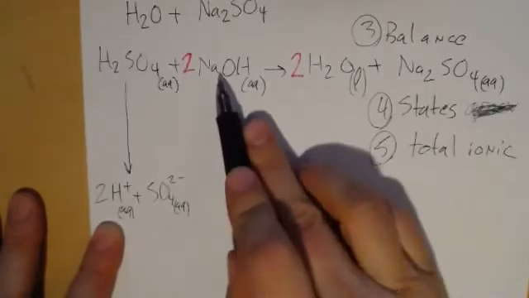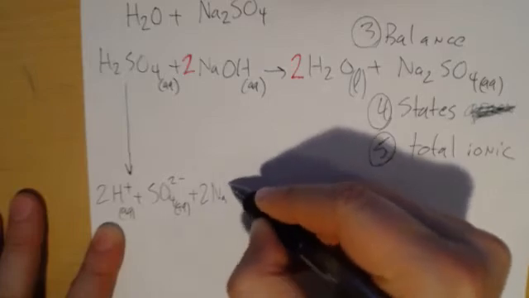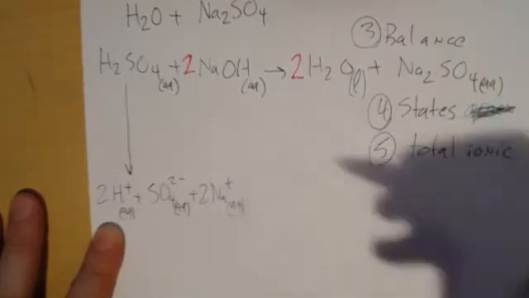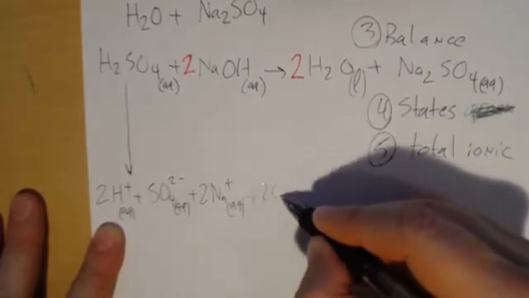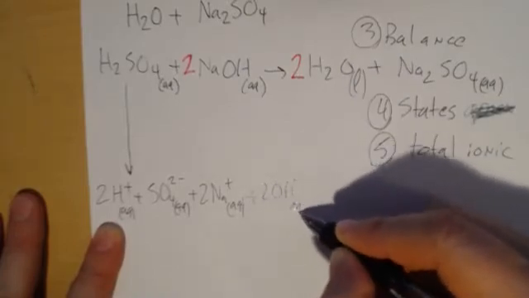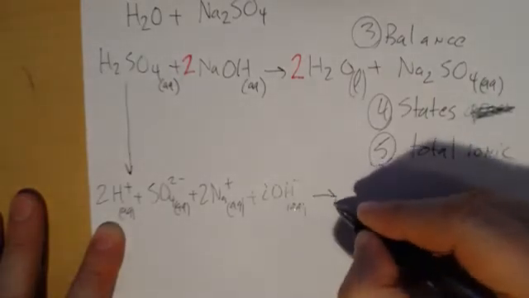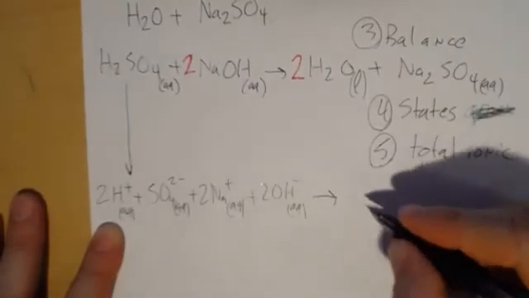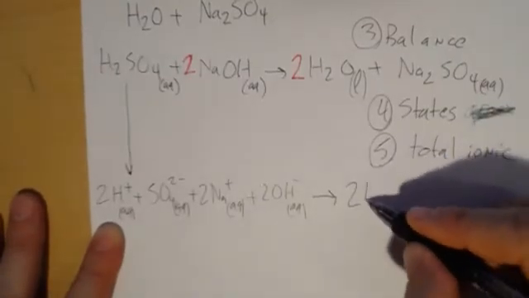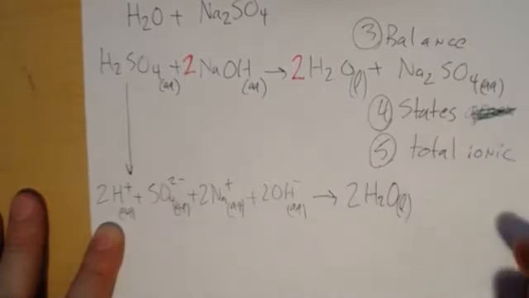Now I have 2 sodium hydroxides, so that's going to be 2 sodium ions, aqueous, 2 hydroxide, aqueous. Okay, so that's everything on the reactant side. Goes to, now the water liquid stays as is. 2 water liquid. I can't break that apart.